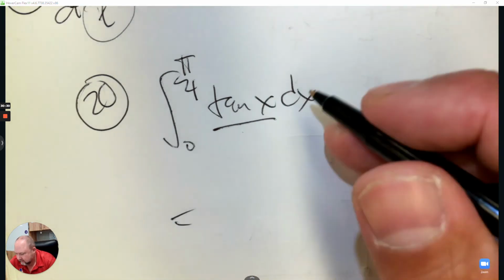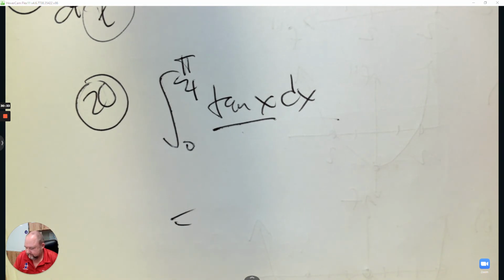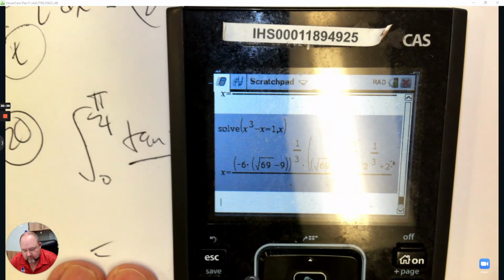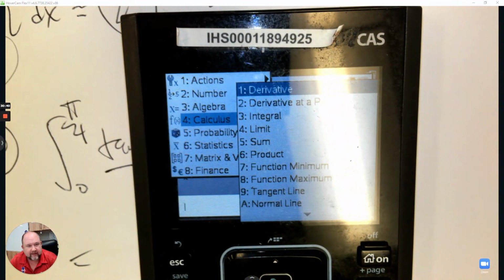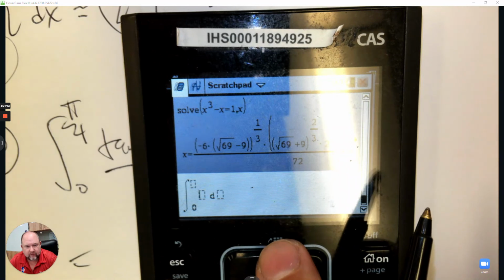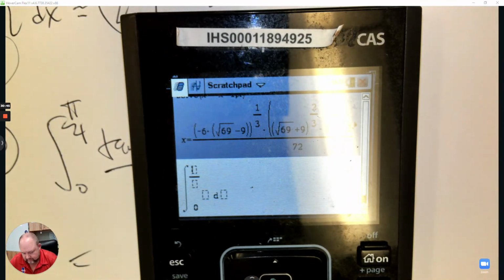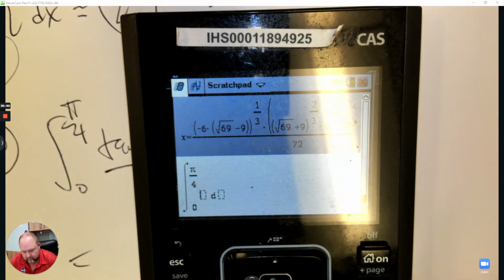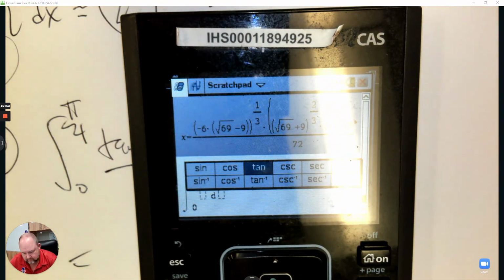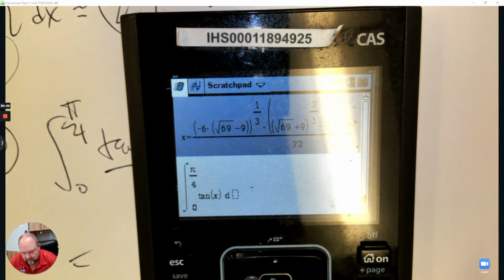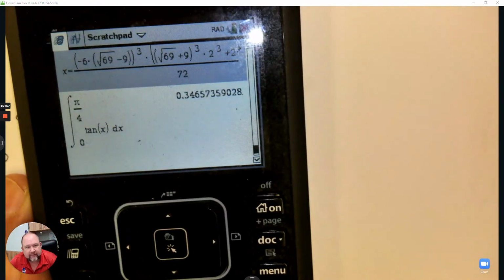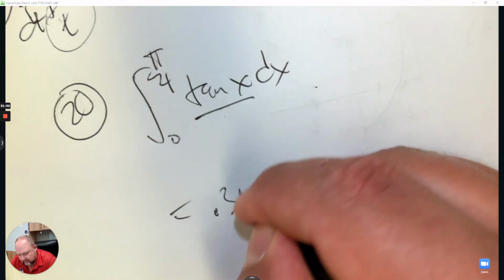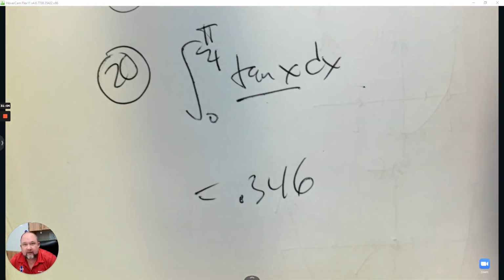No, there's nothing for tangent. I'm just going to use my calculator. So do you know how to use your calculator to do this? Calculus, integrate. I'm going to integrate from 0 to pi over 4. I'm just saying we don't have an antiderivative rule yet for that. So it's 0.346. You don't have to round. You can truncate.